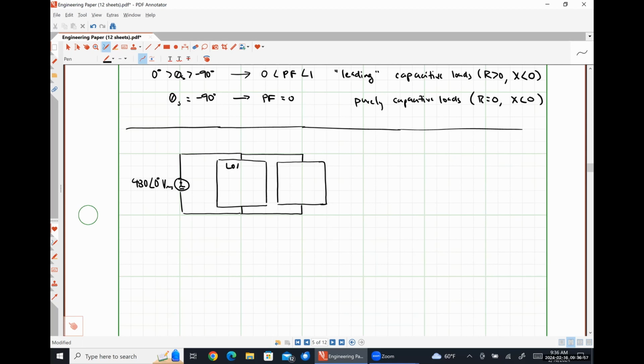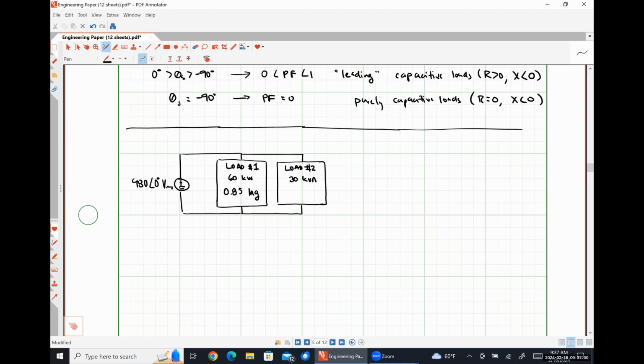Over here on the left, we'll have load number 1, and over here on the right, this will be load number 2. Let's say that the first load absorbs 60 kilowatts at a power factor of 0.85 lagging.